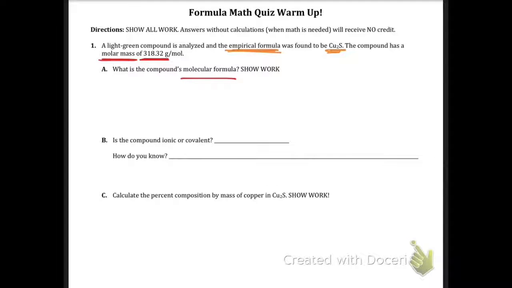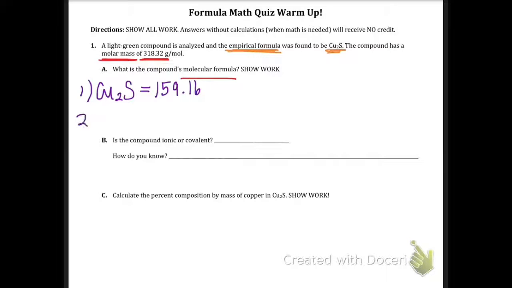So step 1, it says to find the mass of the empirical formula. Cu2S has a mass of, so if you calculate it, it's going to be 159.16 grams.